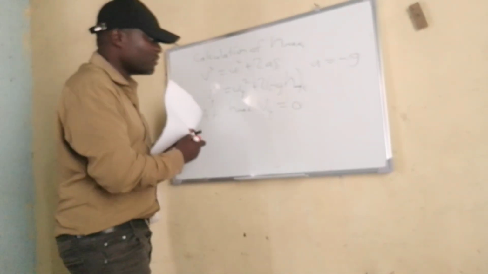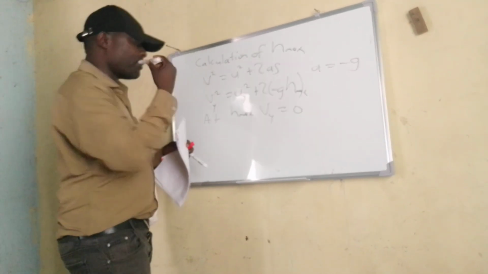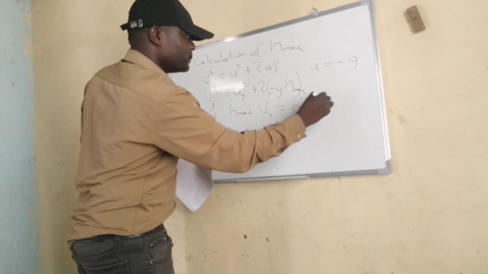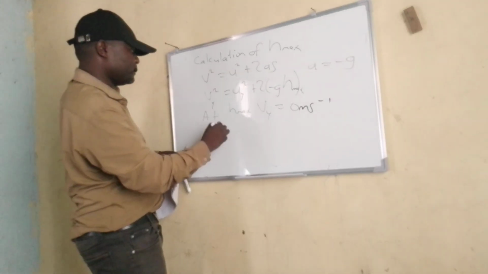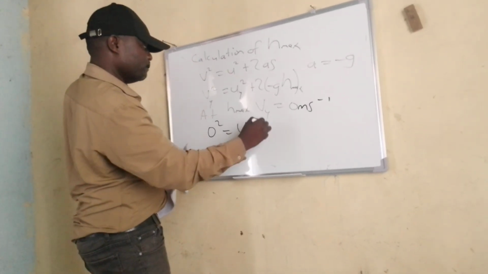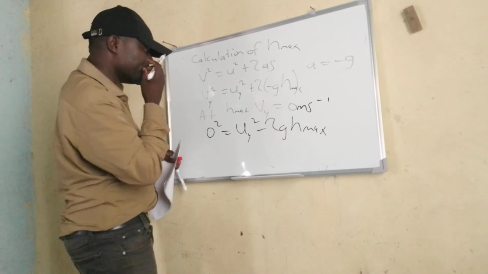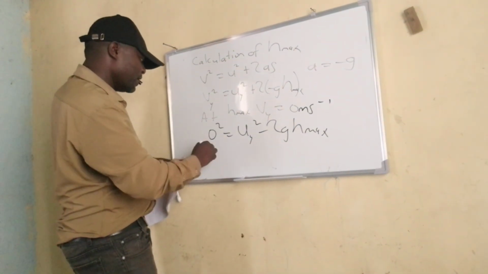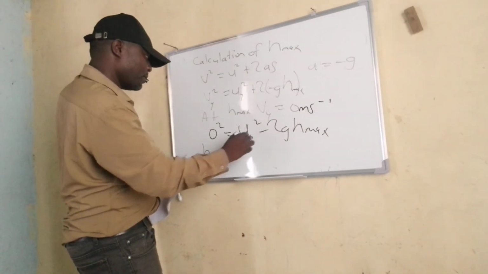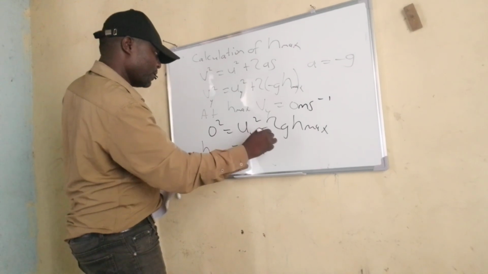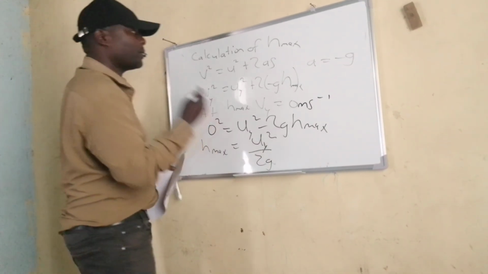At h max, the final vertical velocity is 0 meters per second. So we'll have 0 squared is equal to ui squared minus 2g h max. If we make h max the subject of the formula, we have h max is equal to ui squared over 2g.